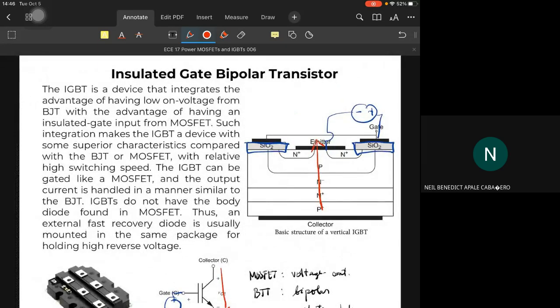The IGBT is a device that integrates the advantage of having low on-voltage from the BJT with the advantage of having an insulated gate input from the MOSFET.